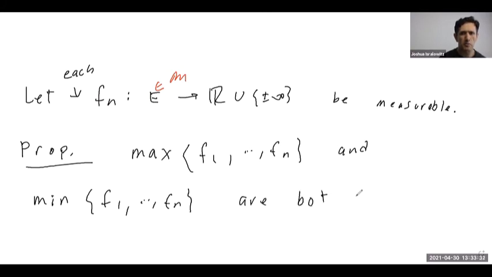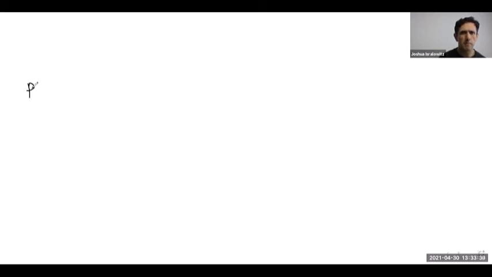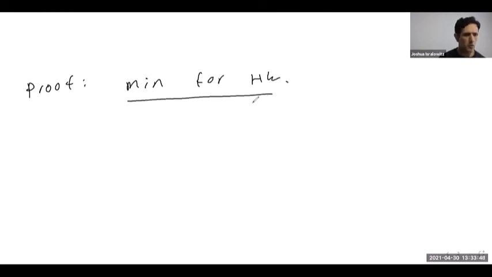These are both measurable on E. So as I said, minimum is for homework. Let's do the maximum.